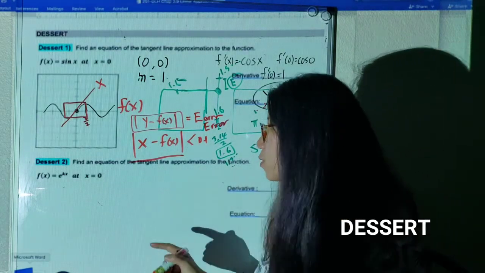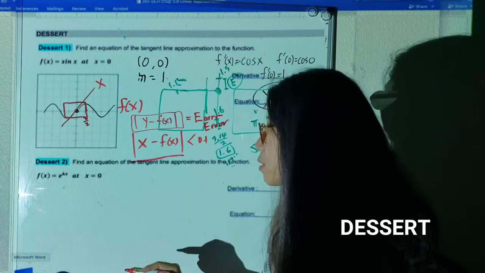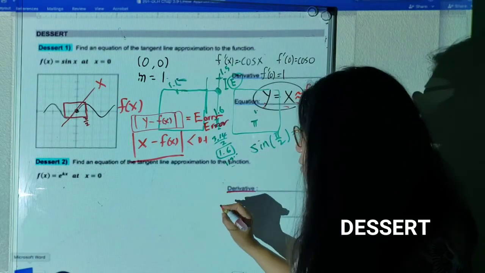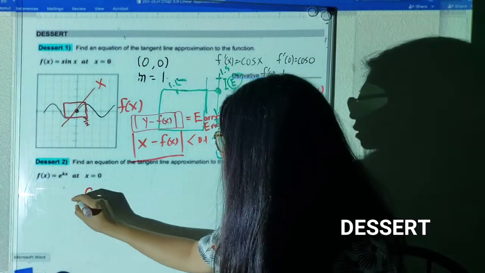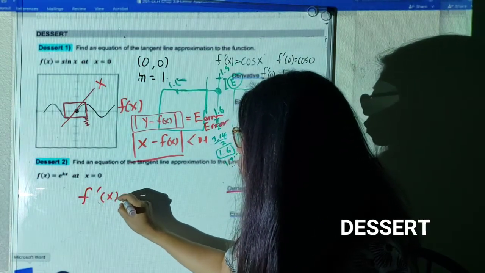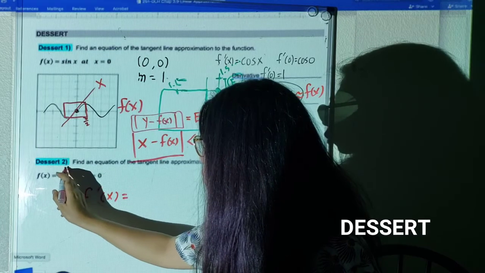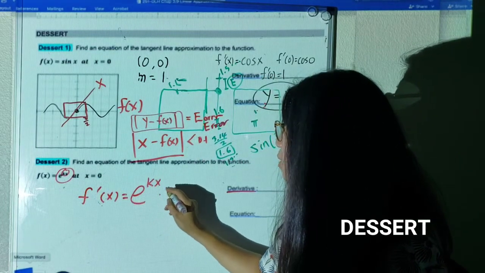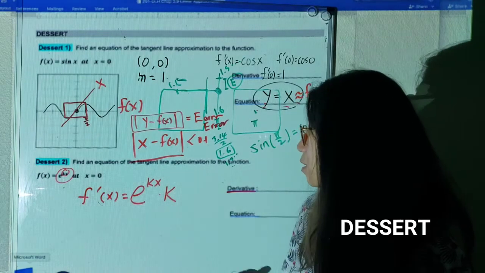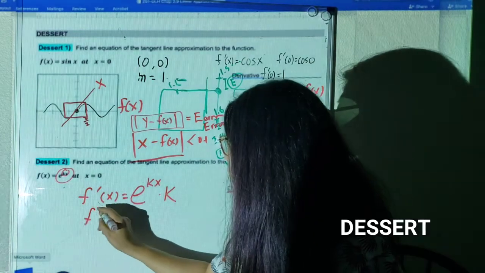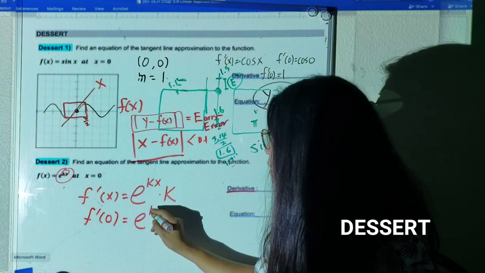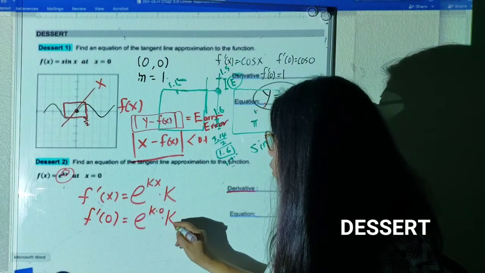Okay, so now let's look at our result number 2. This time my function is a little bit harder. So what is going to be the derivative? If I take a derivative, do you see this one is going to be chain rule? So e to the kx times k. So I want to find this slope at 0. That's going to be e to the k times 0 times k. What would that be?